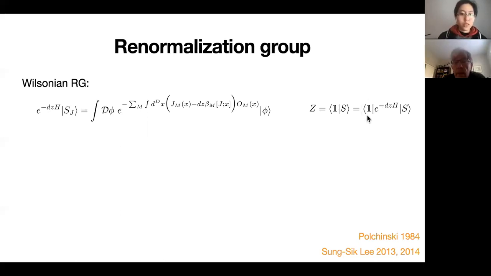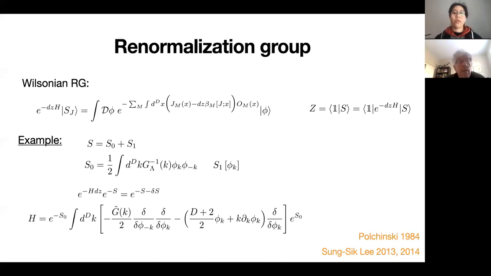So now let me give an example for the RG transformation and also the generator of this transformation, also called the RG Hamiltonian. Here we consider an action deformed from the Gaussian free theory.